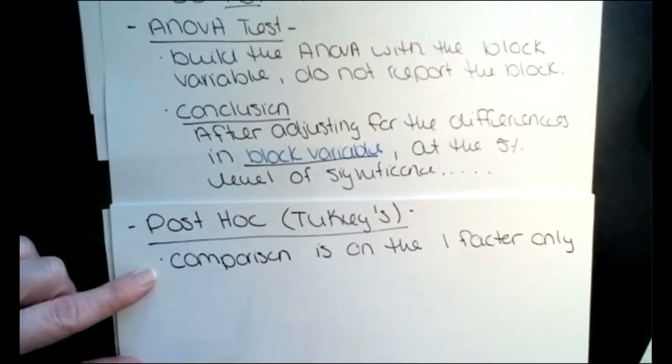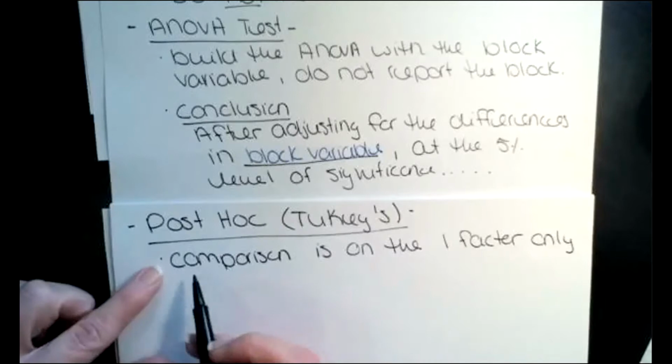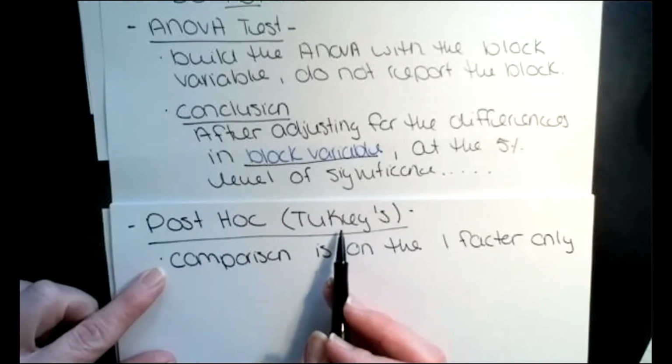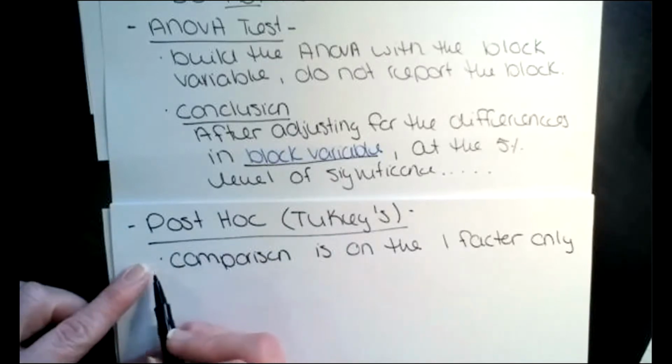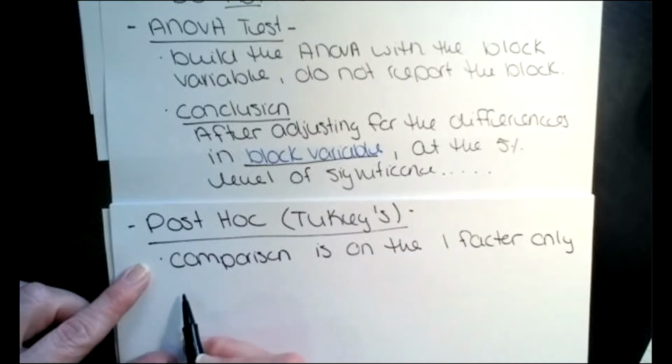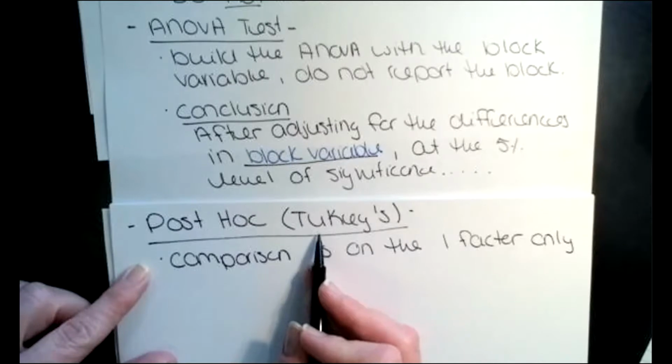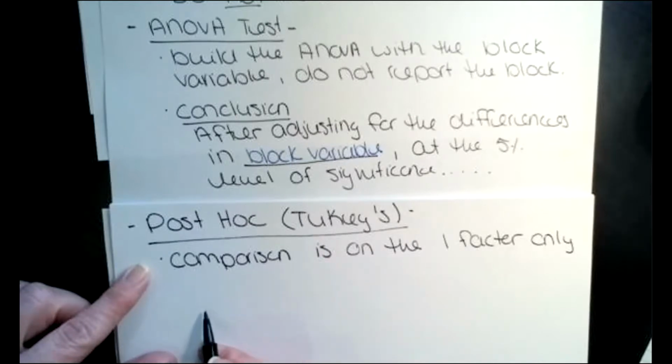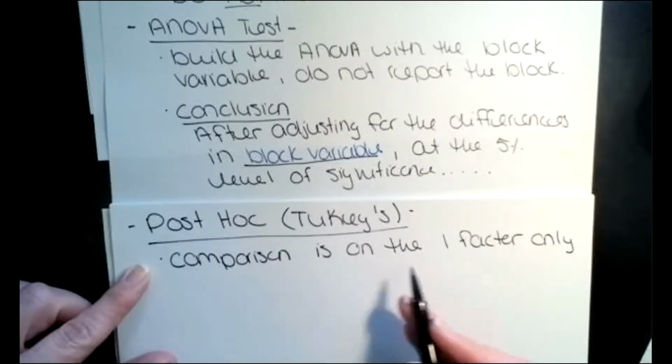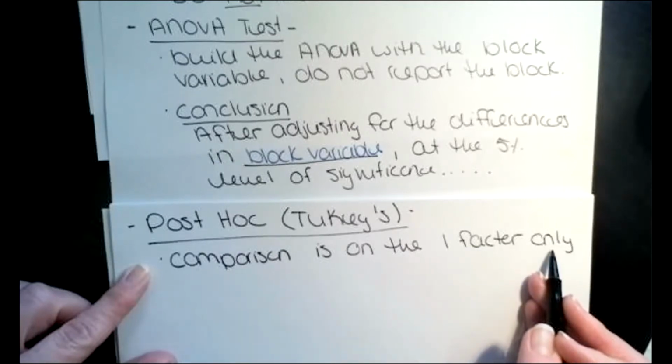Think back to when you ran the Tukey, you have to check the box right next to your factor. So when you get into Tukey, it will show two factors now. It will show your regular factor and your block. You need to check the box for your one factor only, right?